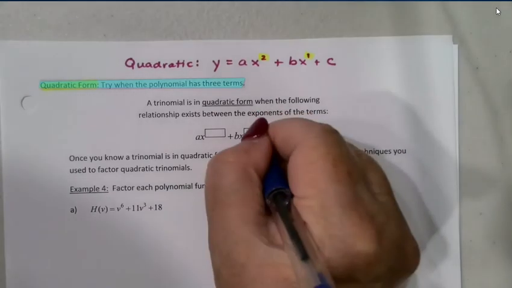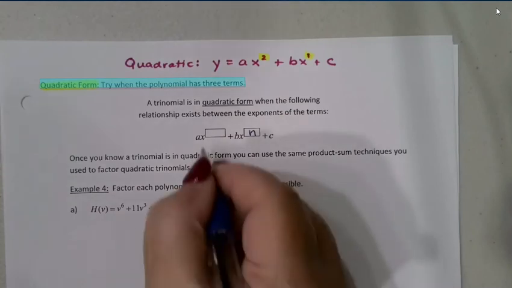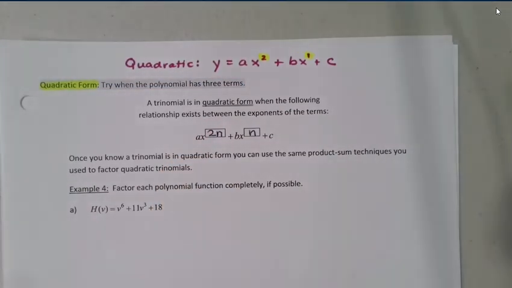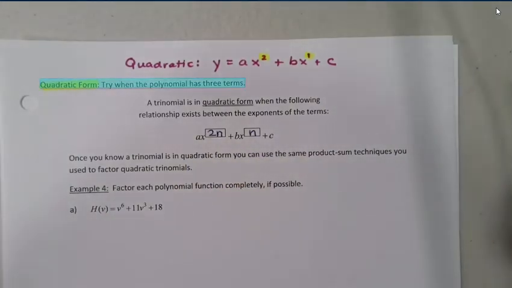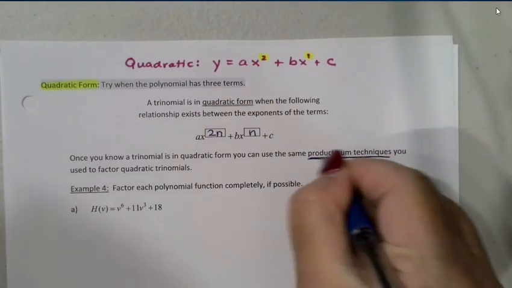So whatever the power is here, I'm just going to call it n in general, if the first power is exactly double that, 2n, then my trinomial is in quadratic form. If you've checked and your trinomial is in quadratic form, then we can use the same sum and product techniques that we practiced in the last unit. So if you have quadratic form, we're going to end up with sum and product.